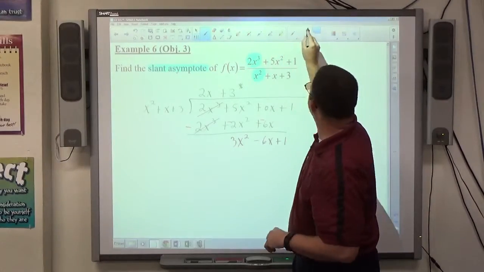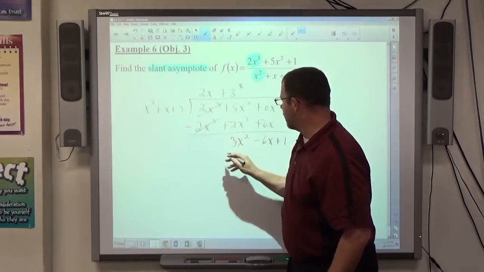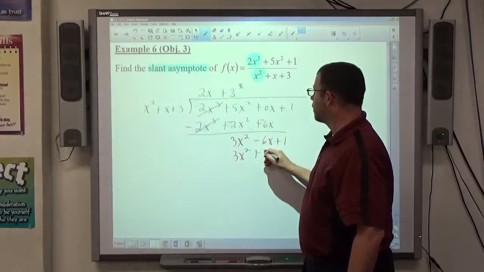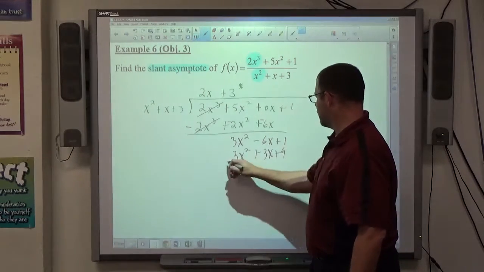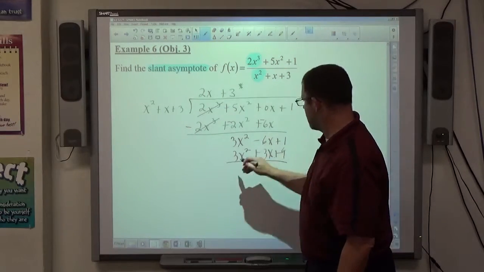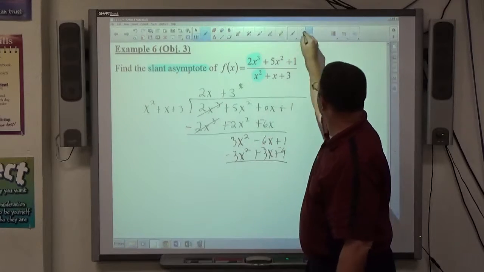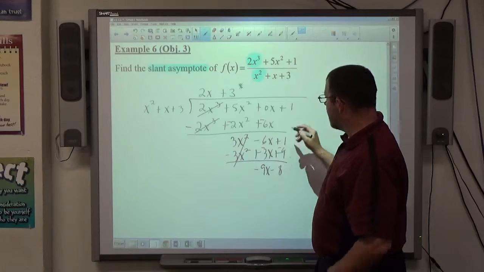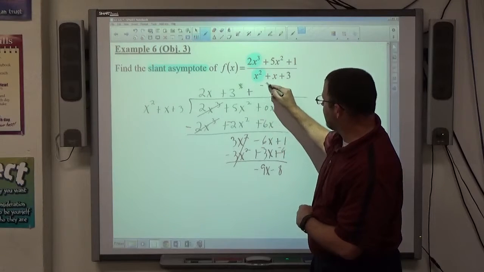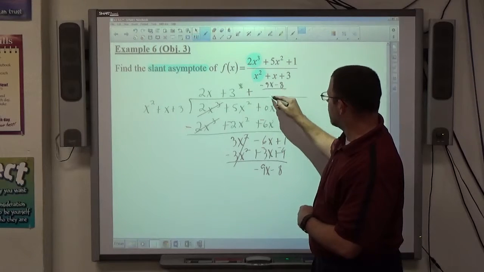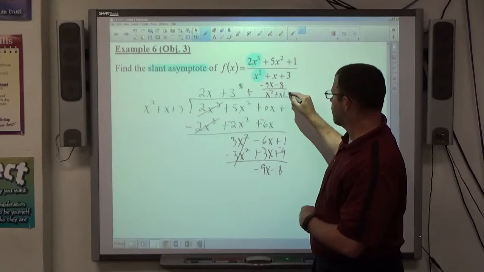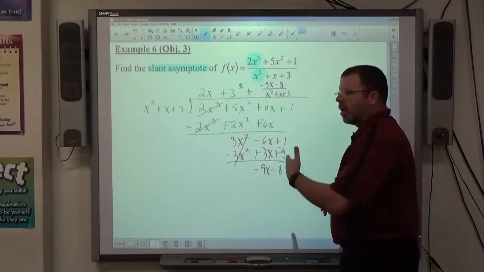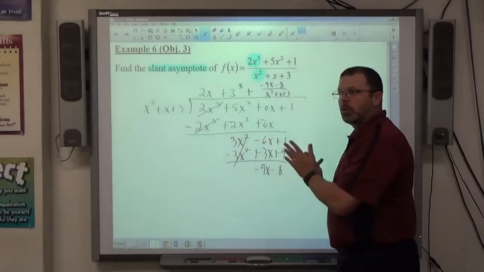But just to show you the remaining part of this, I get 3x squared plus 3x plus 9. We change all the signs. Minus, minus, minus. Cancel, cancel. Negative 9x minus 8. Plus negative 9x minus 8 over x squared plus x plus 3. The slant asymptote is all about going towards infinity.